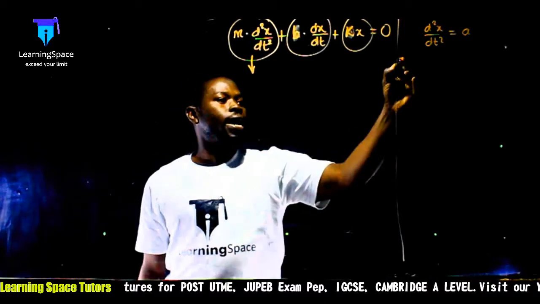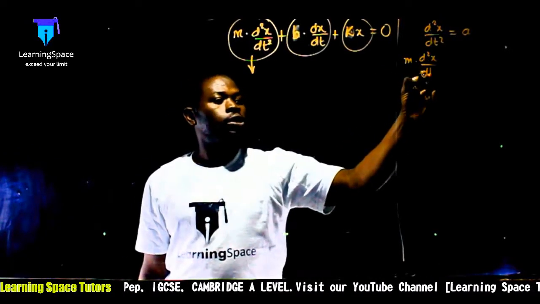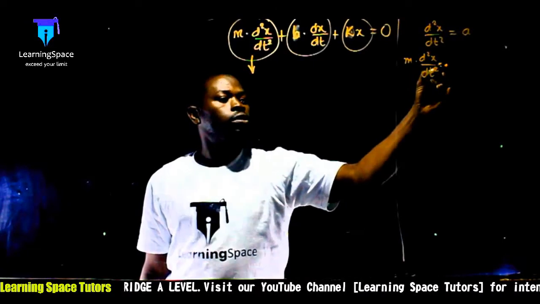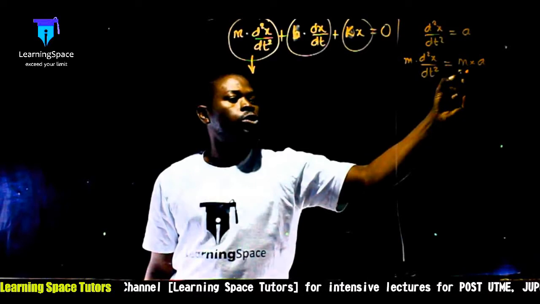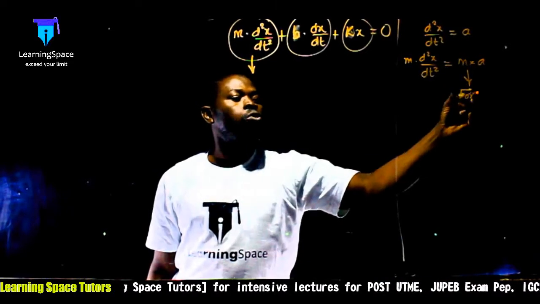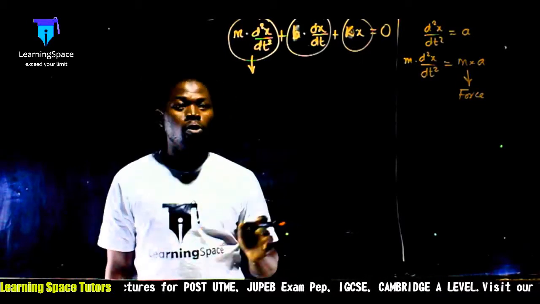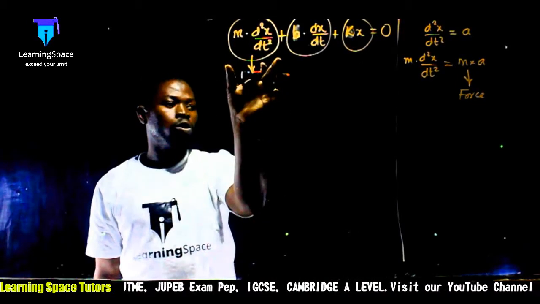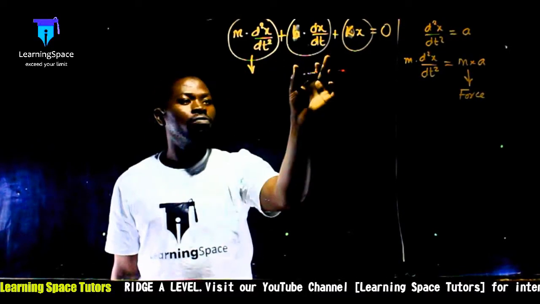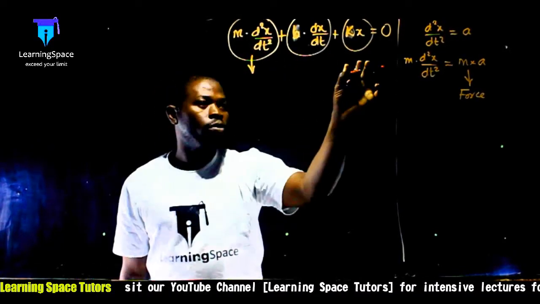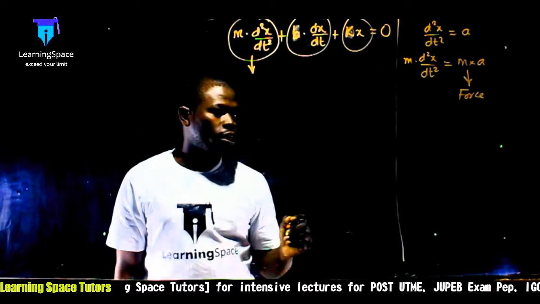So m d²x/dt² means mass times acceleration. This is force. It means that the dimension of force must be the same as that of the other components if it is dimensionally correct.